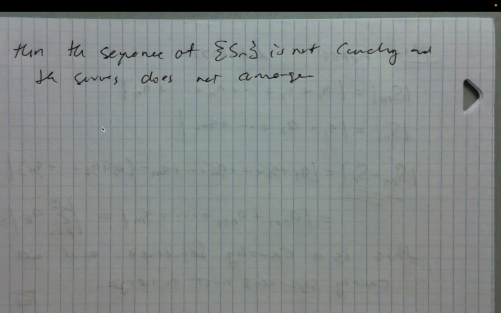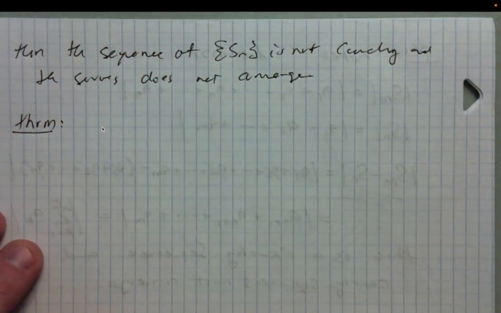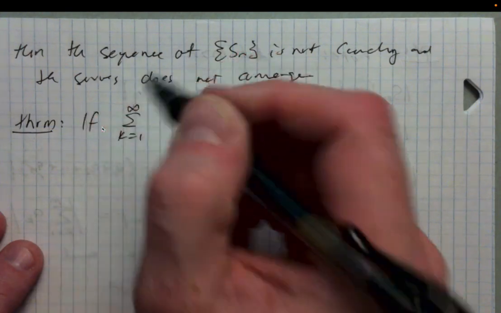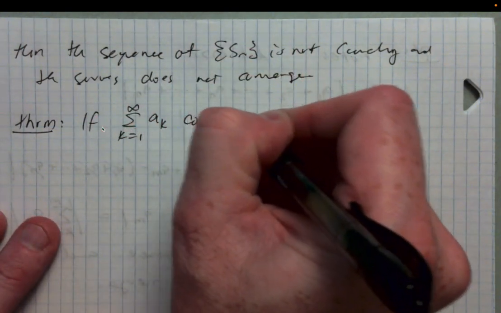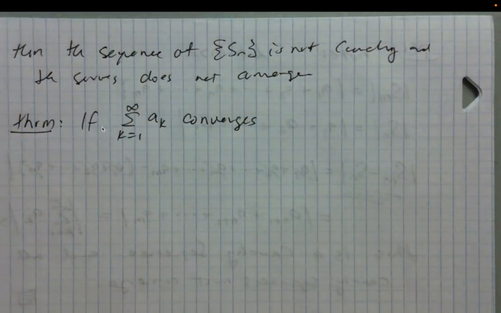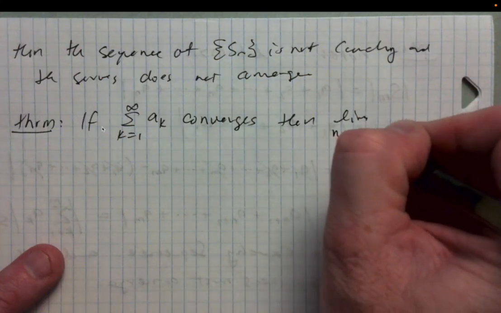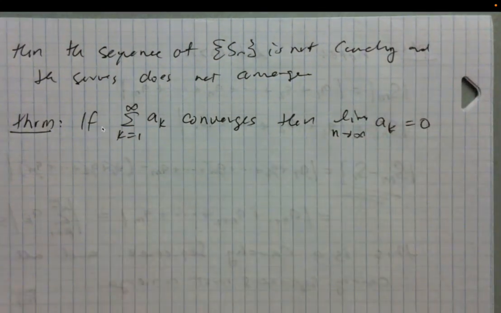Okay, and then a nice little follow-on theorem to that one is this guy. If the sum from k equals 1 to infinity of a sub k converges to a finite number, then the limit as k goes to infinity of a sub k must equal 0.